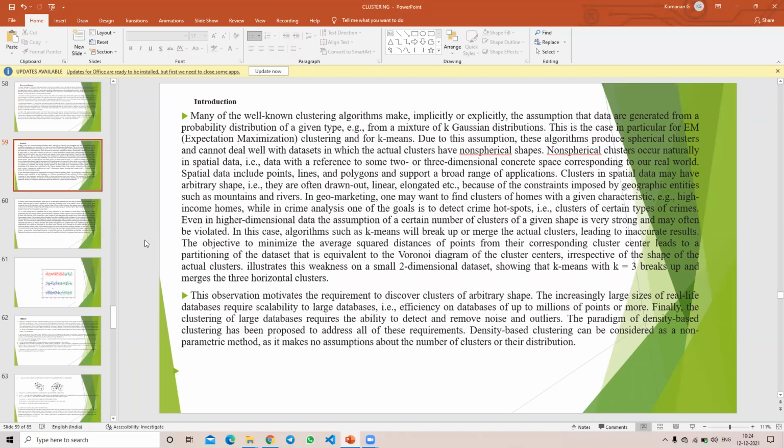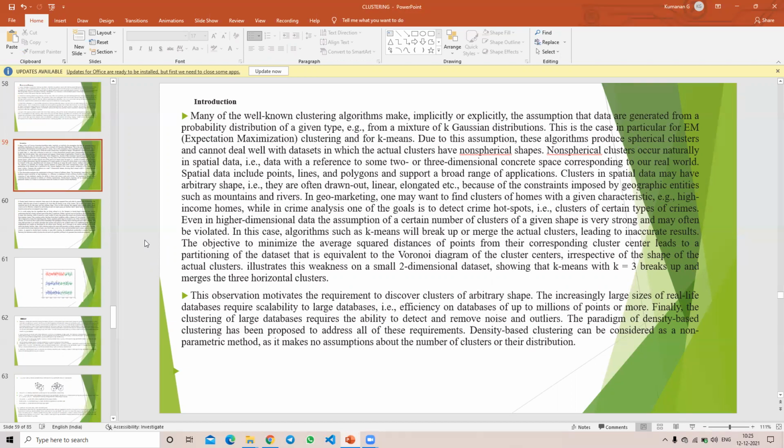They both come under distance-based methods, but here DBSCAN comes under density-based algorithms. Let's see what DBSCAN is, its types, its algorithm, advantages, disadvantages, and equations.